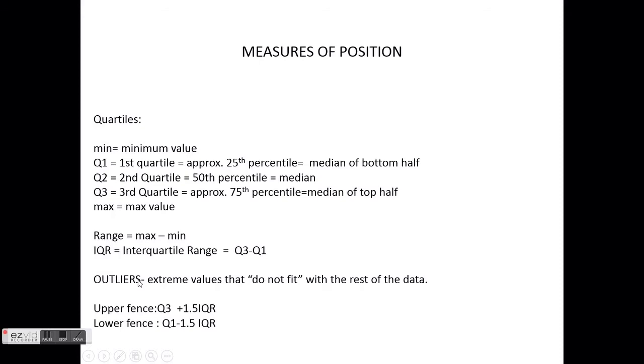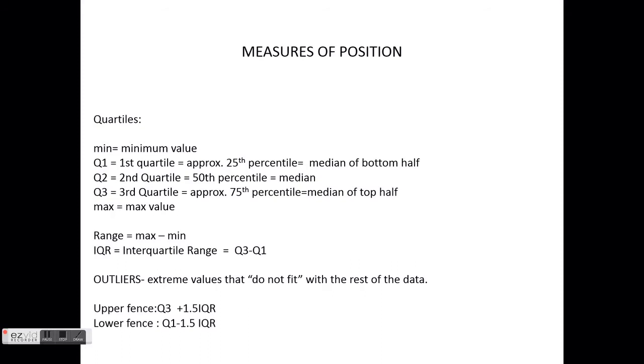We're going to be looking at outliers in a data set, and outliers are extreme values that essentially do not fit with the rest of the data. There's a classic standard way to identify outliers, and that's by computing the upper and lower fences. To compute them, you need to know the interquartile range.